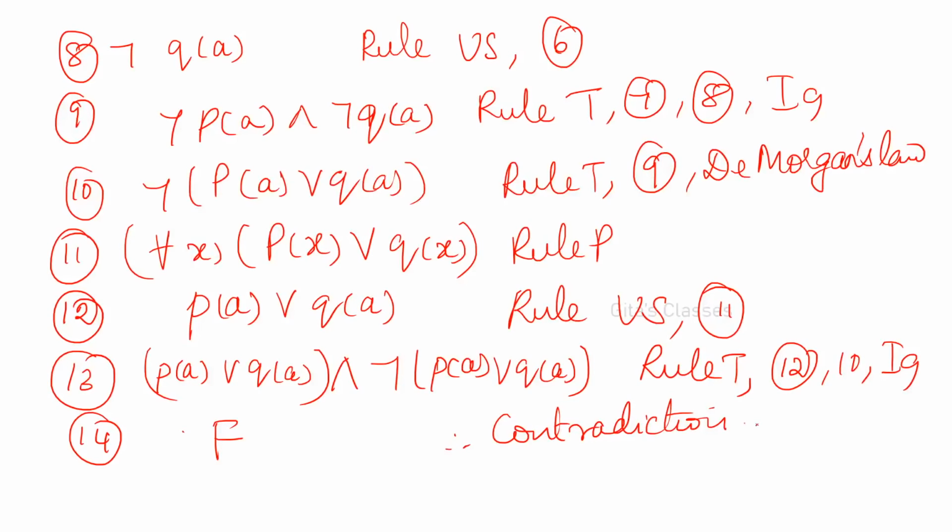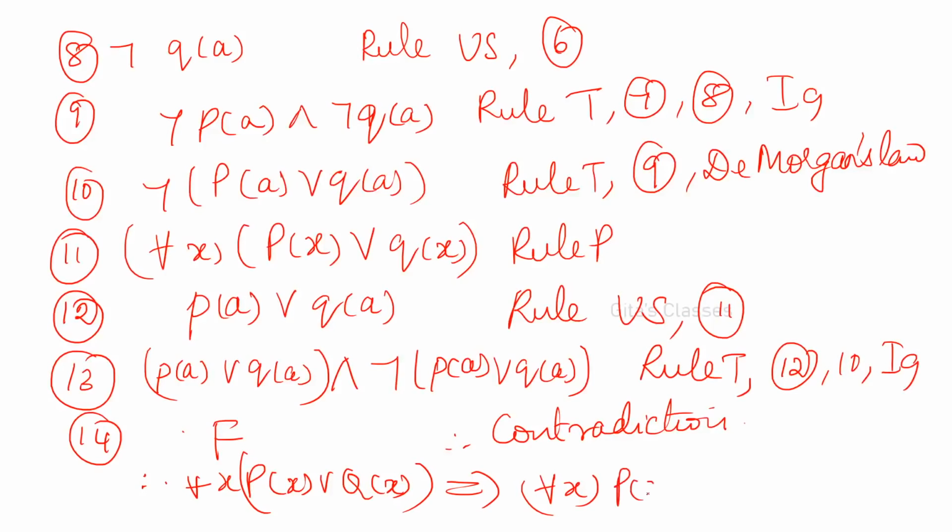So you can write the given question: therefore, for all x, P of x or Q of x implies for all x, P of x or there exists x, Q of x.